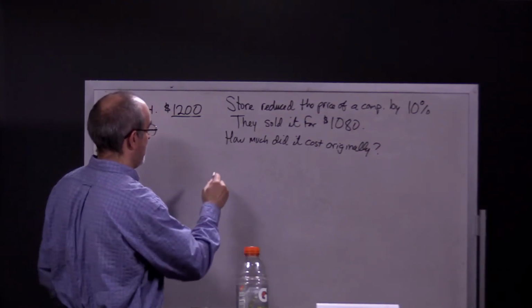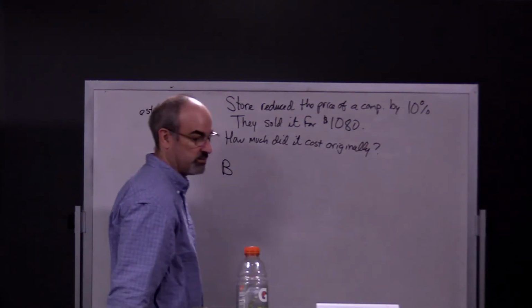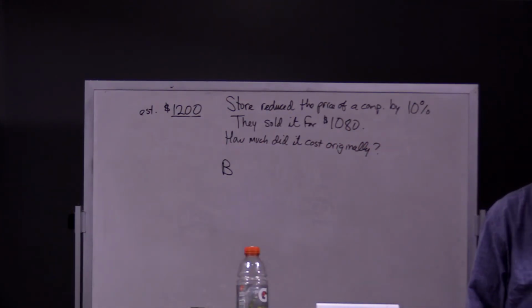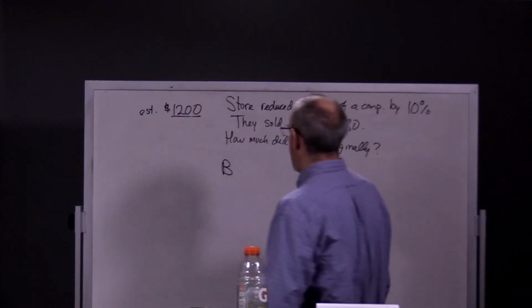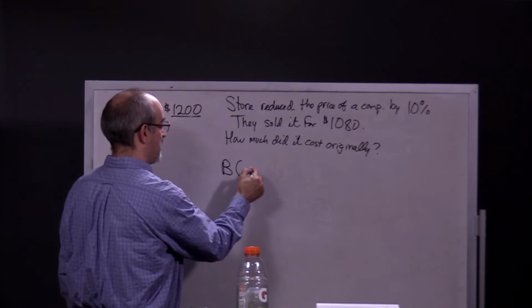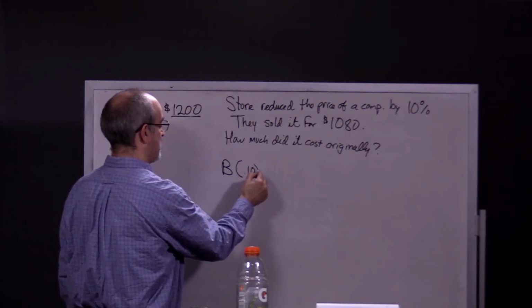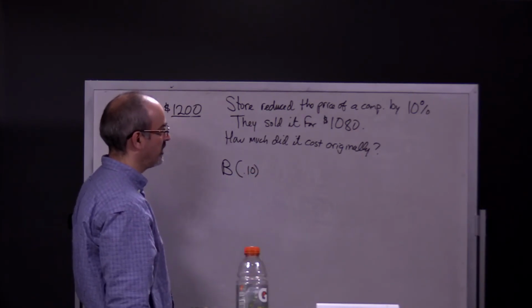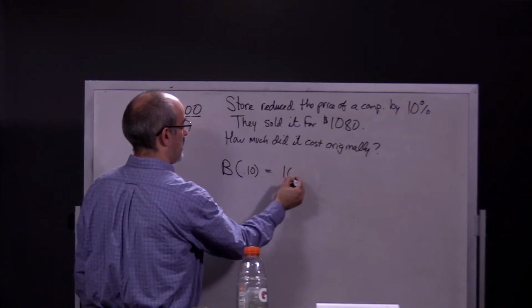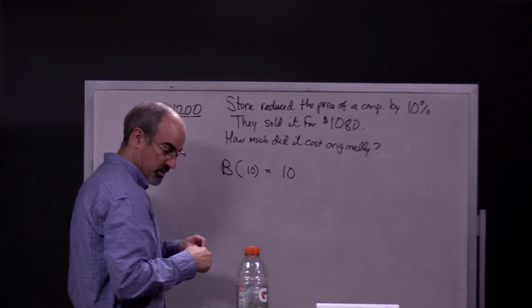So maybe I'll put B. B is just a variable instead of using X. It means the original price or beginning price. If you multiply the beginning price by 10%, which remember is a decimal, 0.10, you're going to get, oops, I almost wrote 1080.